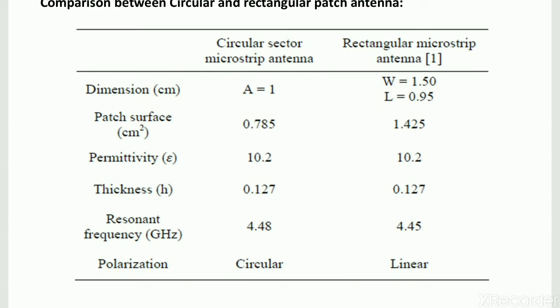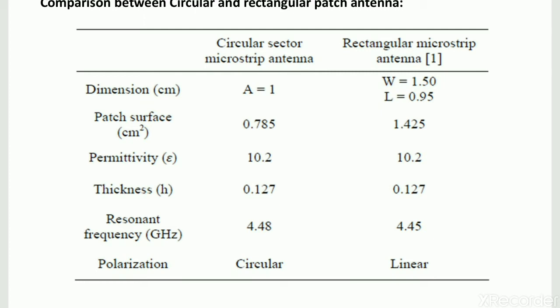Permittivity is almost the same, 10.2 and 10.2. Thickness, small h, which is the height of the substrate, is 0.127 for the circular microstrip antenna, and also 0.127 for the rectangular microstrip antenna. Resonant frequency is 4.48 gigahertz in the circular microstrip antenna, and 4.45 in the rectangular microstrip antenna.